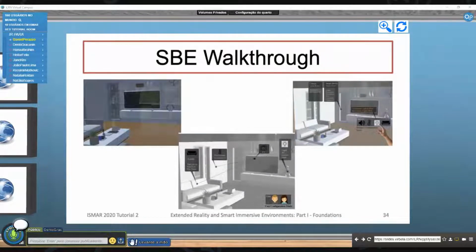In other words, we use this model, put it in scale 1:1 in a physical space. In this case, it was a classroom, and walk through that smart built environment. And what we can then do, we can introduce smart technology, explore interaction, see how that works in activities of daily living.